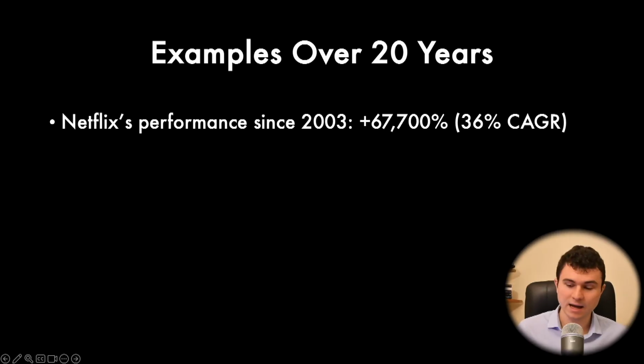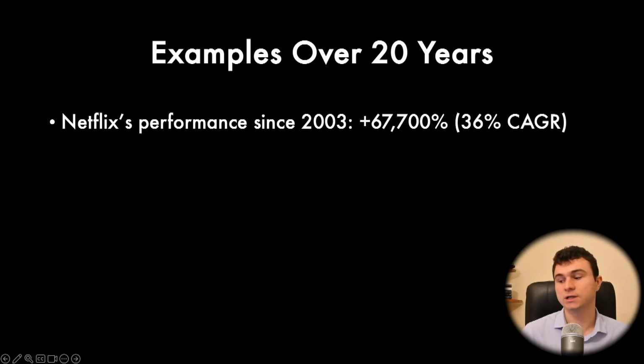For example, I've taken the performance of 2 stocks over 20 years. Netflix, with the performance since 2003 of 67,000%. That means a 36% return every year on average. CAGR is compounded annual growth return.